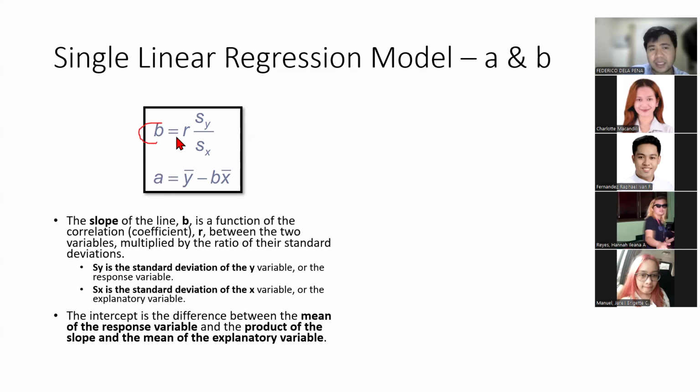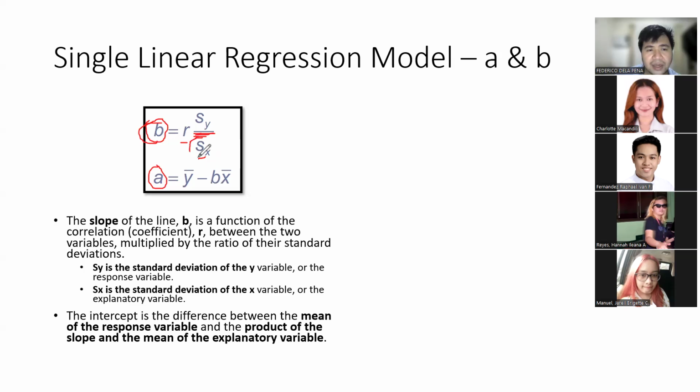And these are just a few more equations. B, or the slope, is equal to your correlation coefficient multiplied by the standard deviation of the y variable, divided by the standard deviation of the x variable. Standard deviation represents the scatter within your data set.